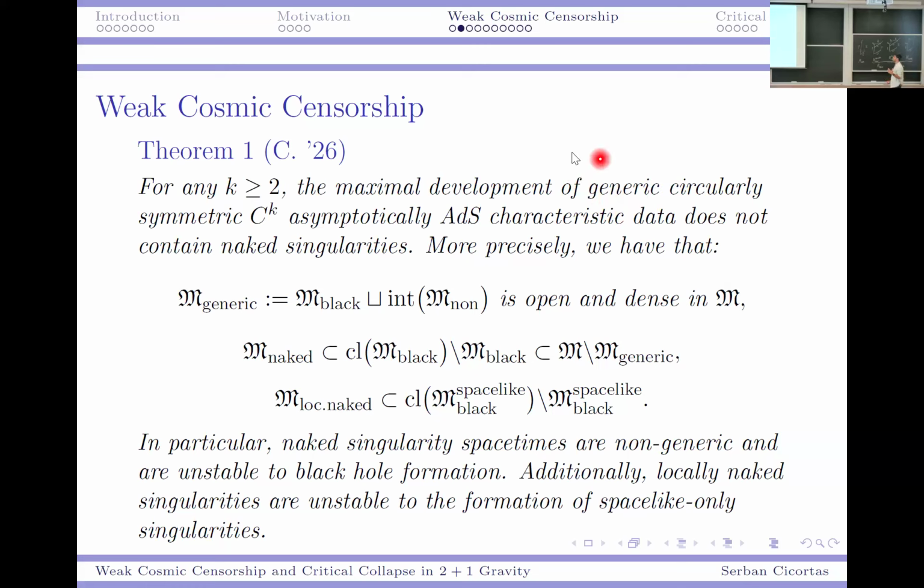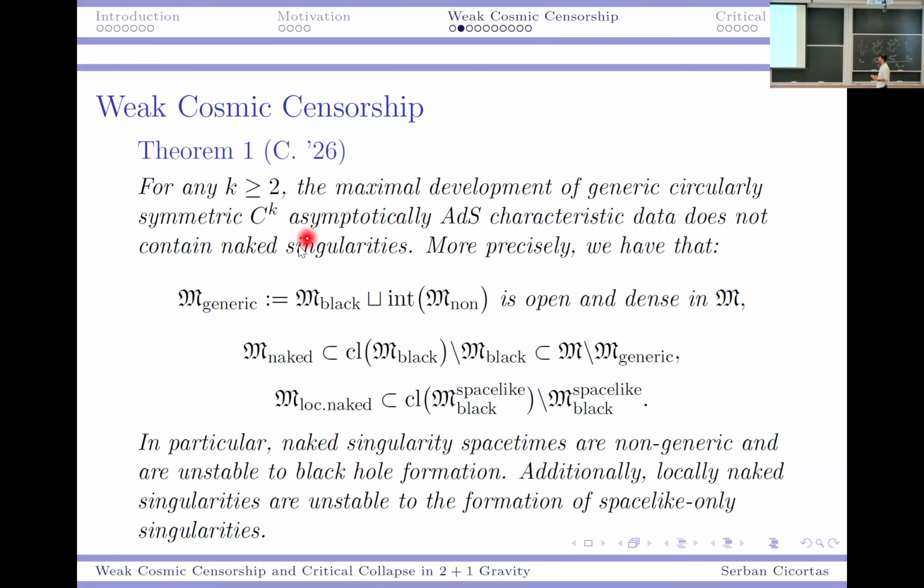In our case, generic means open and dense, whereas Christodoulou's notion of genericity, he shows that naked singularity spacetimes have positive codimension in the moduli space of data. So this notion of genericity that I'm using is a bit weaker. And you should think that this has to do with the fact that when you have a negative cosmological constant, there's a boundary at infinity, and I have boundary conditions. So this will place some restrictions on how I'm doing my initial data perturbations.